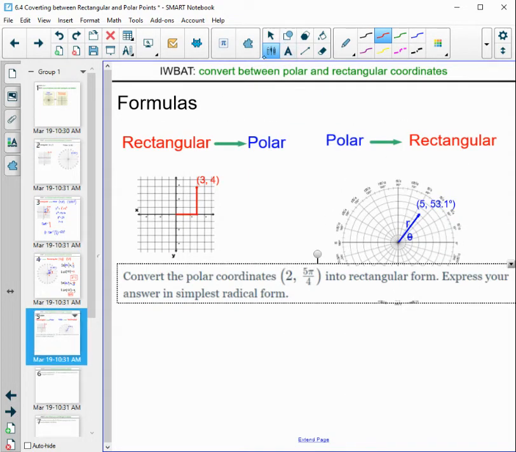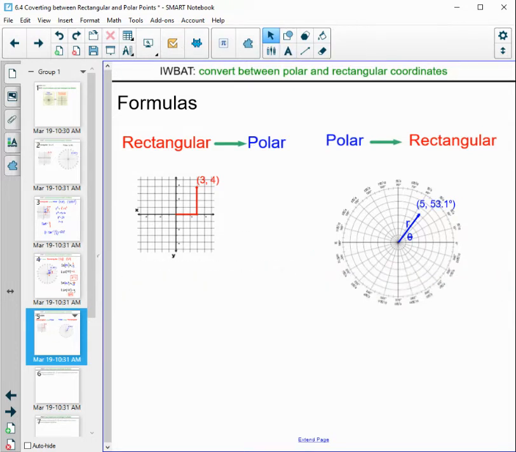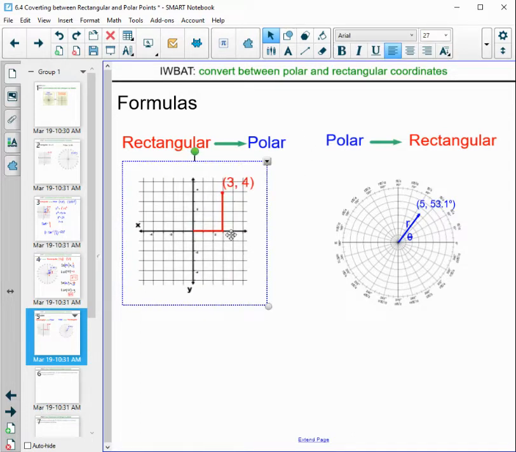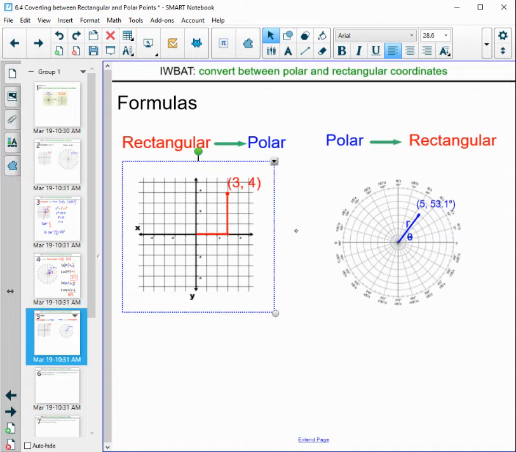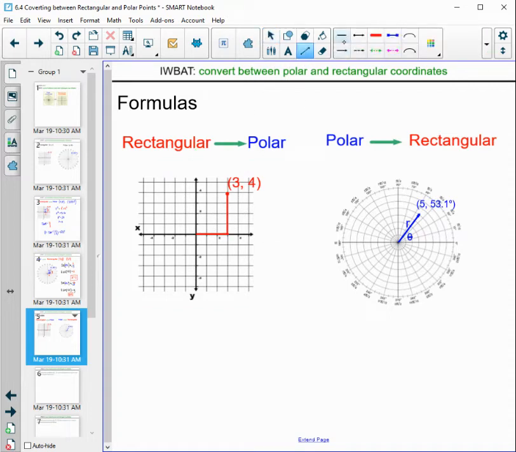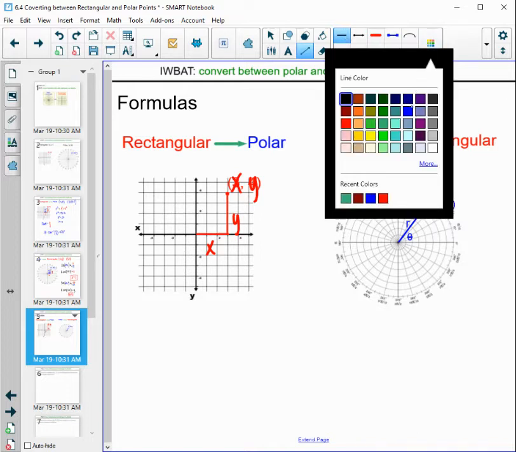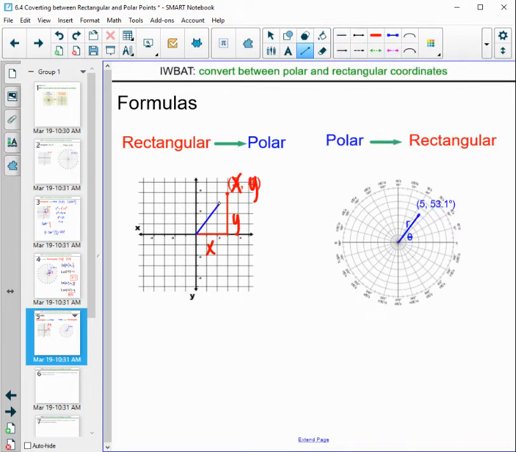So then let's put this into generic terms here and give you a formula. Every time you're going to be given a rectangular point, you're going to be given an x and a y here. Instead of having the actual number here, let's just put an x and a y here. So this is going to be x, this is going to be y. And again, you are looking for the r and the theta.